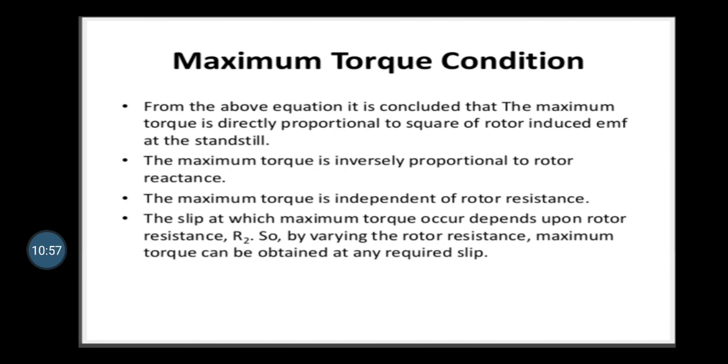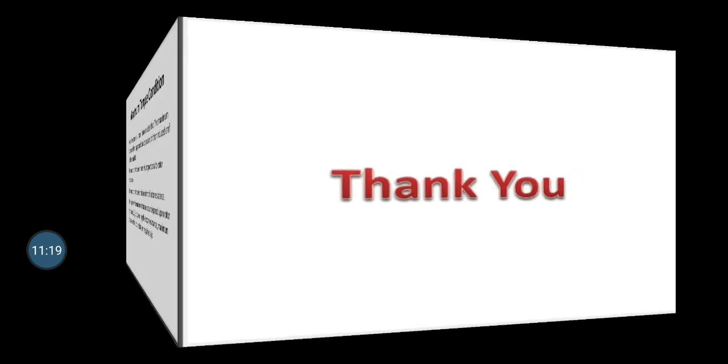The slip at which the maximum torque occurs depends upon the rotor resistance R2. So by varying the rotor resistance, maximum torque can be obtained at any required slip. Thank you.